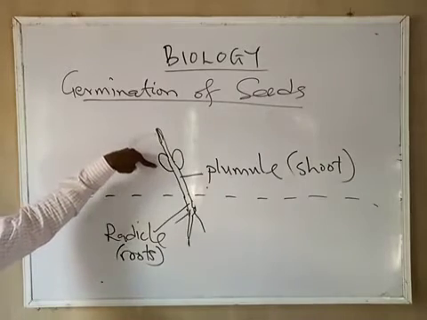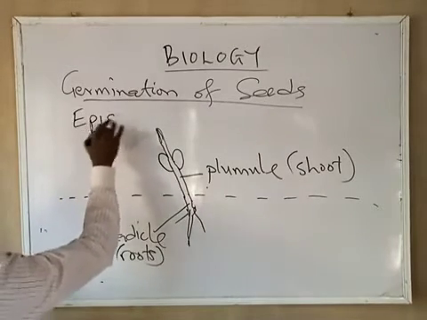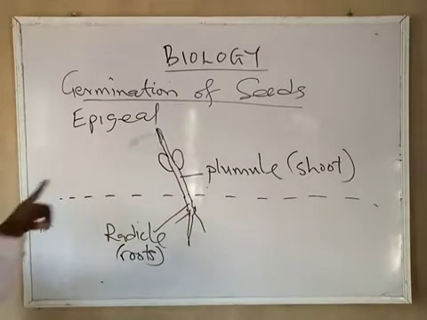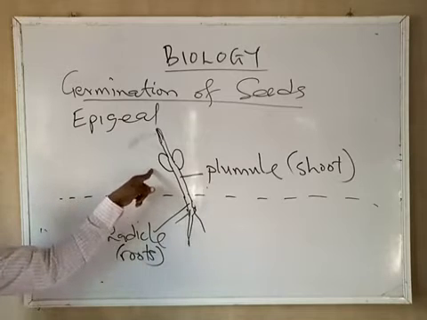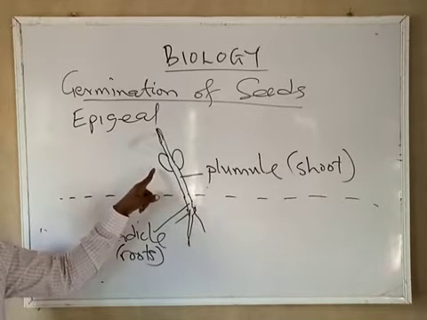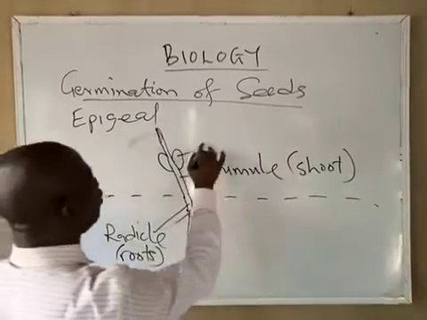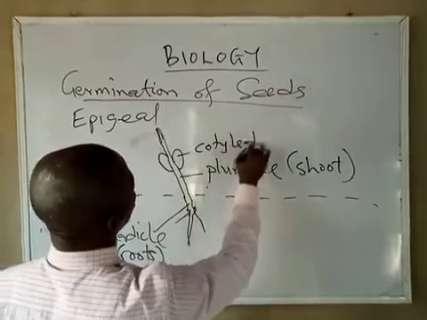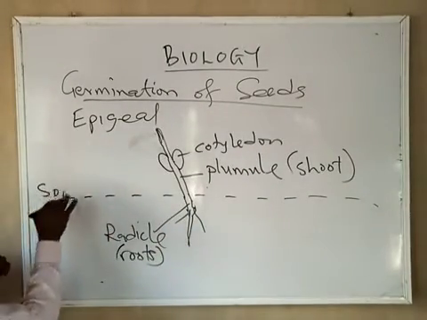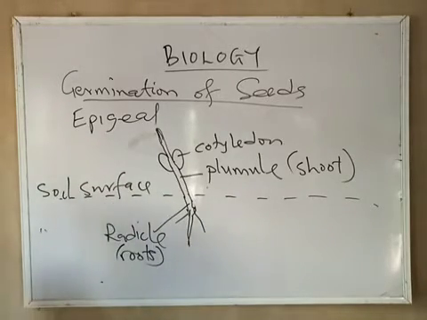Now, in this kind of germination, which is epigynous, the hypocotyl elongates and brings the cotyledon above the soil surface during germination.